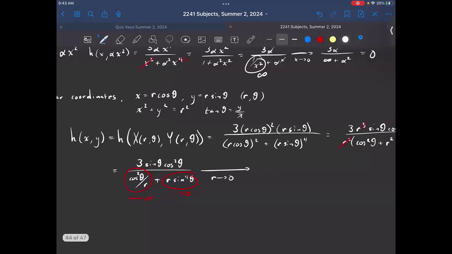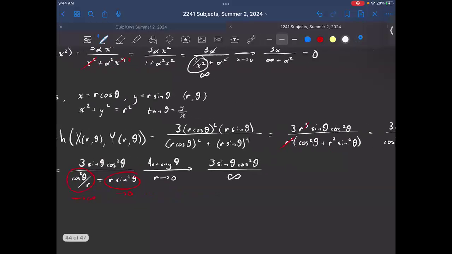Thus, I have, for any theta, 3 sine of theta cosine squared of theta over infinity. And no matter what finite value I put up here, this forces the limit to be 0.